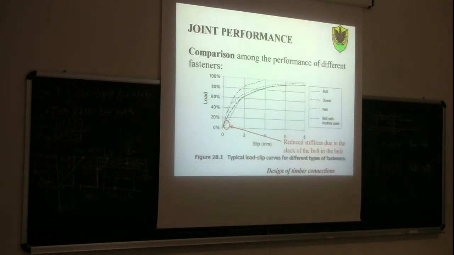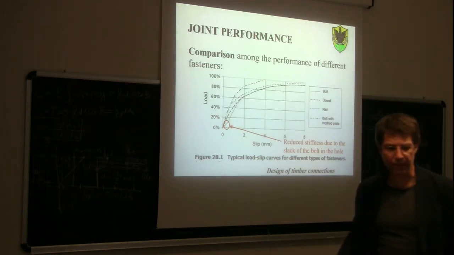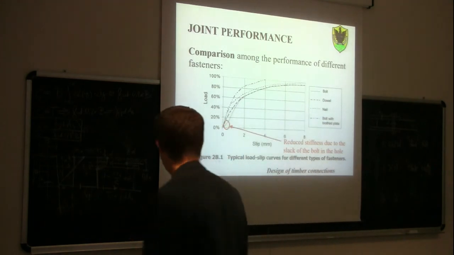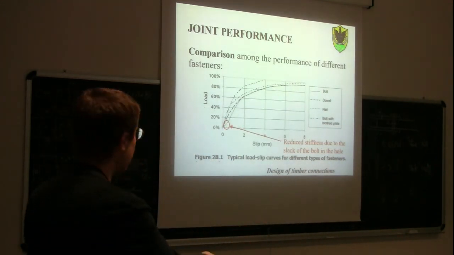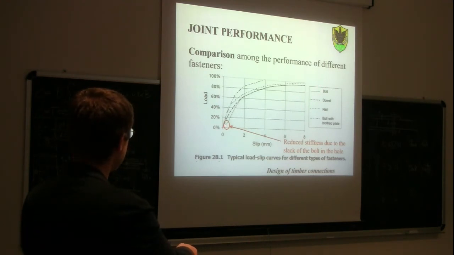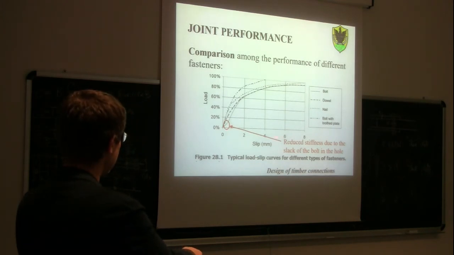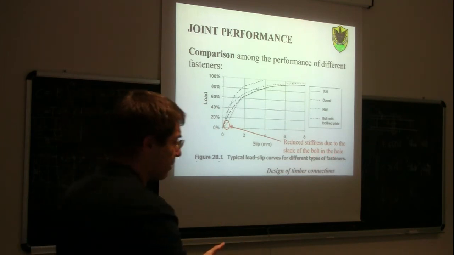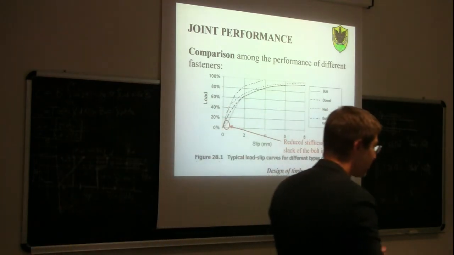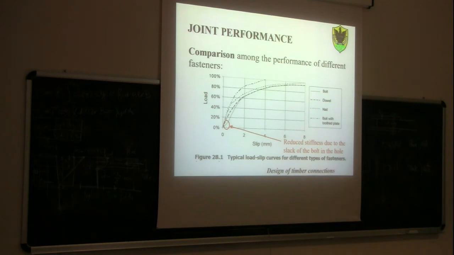If we compare the load-deformation or load-slip curves for different types of specimen, so different types of fastener, you see that in the case of the bolt we have this initial reduced stiffness due to the slack of the bolt in the hole, so due to the difference between the diameter of the hole and the diameter of the bolt itself.